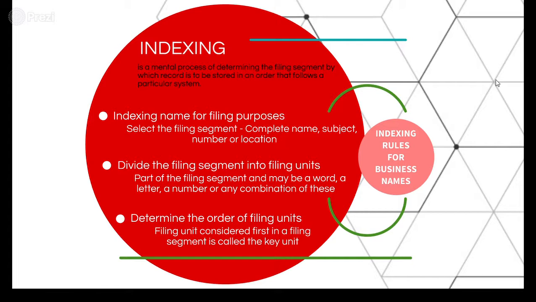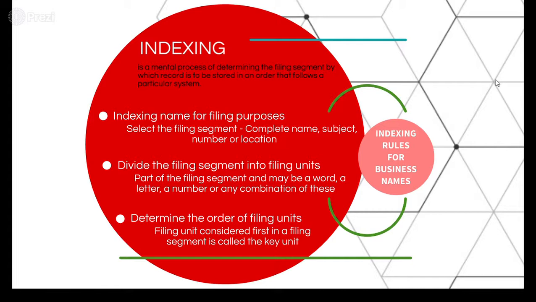A filing unit is part of the filing segment and may be a word, a letter, a number, or any combination of these. Determine the order of filing units. The filing unit considered first in a filing segment is called the key unit.